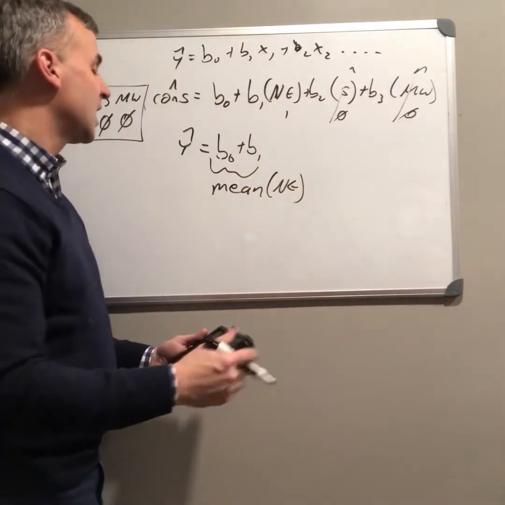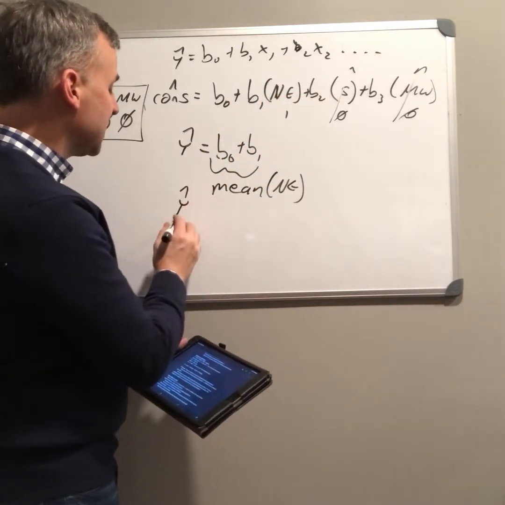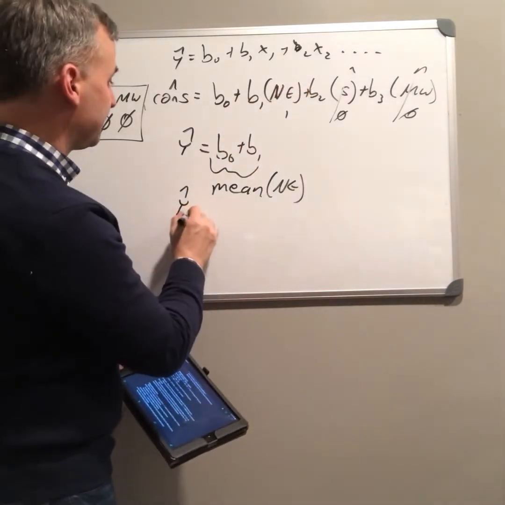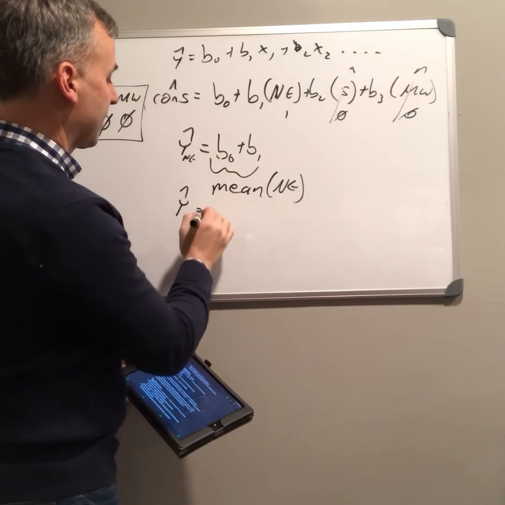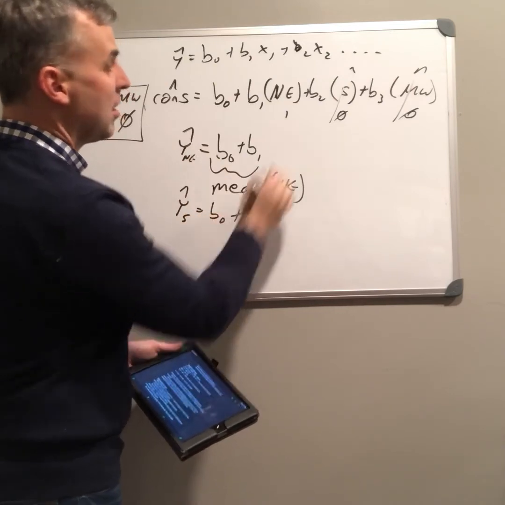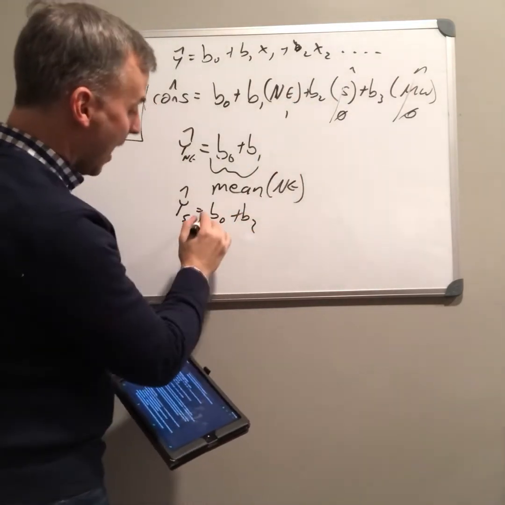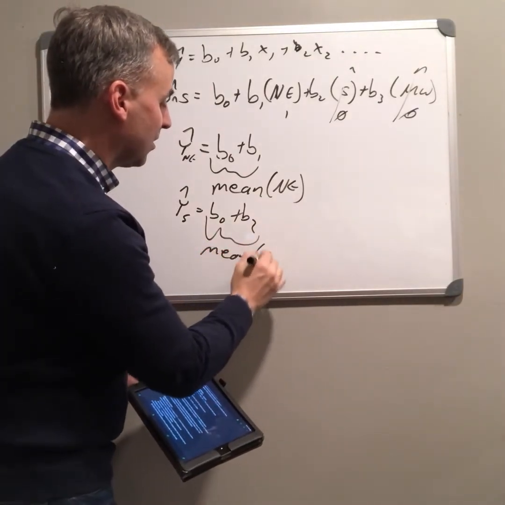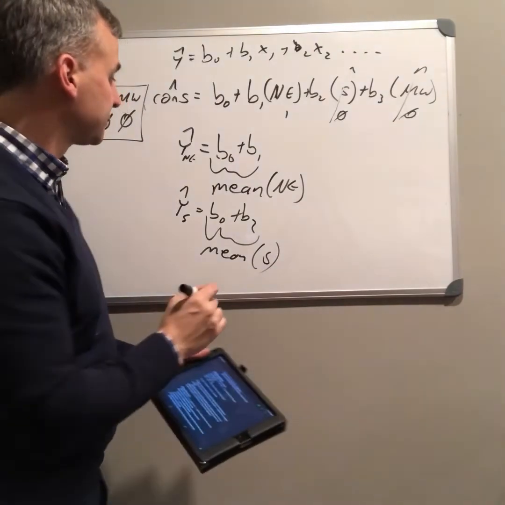In the same way, the predicted value for conservative values if you're from the south is equal to b sub 0 plus b sub 2. And b sub 0 plus b sub 2 then ends up being the mean for the group from the south.